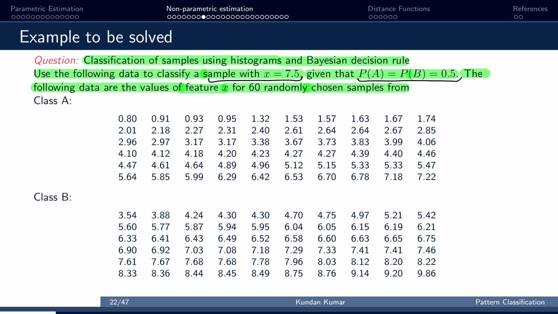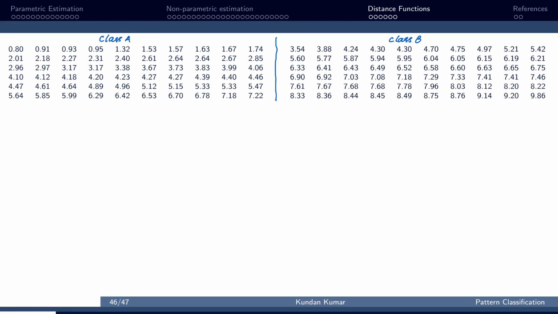That class conditional probability can be estimated using these data samples. That means from these data samples we need to estimate the class conditional densities using the histogram method. So let us compute the histogram of these data samples.